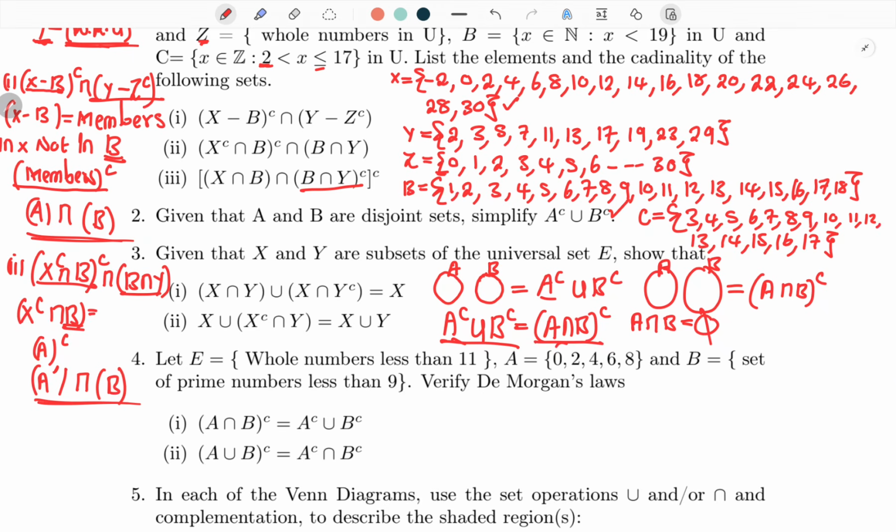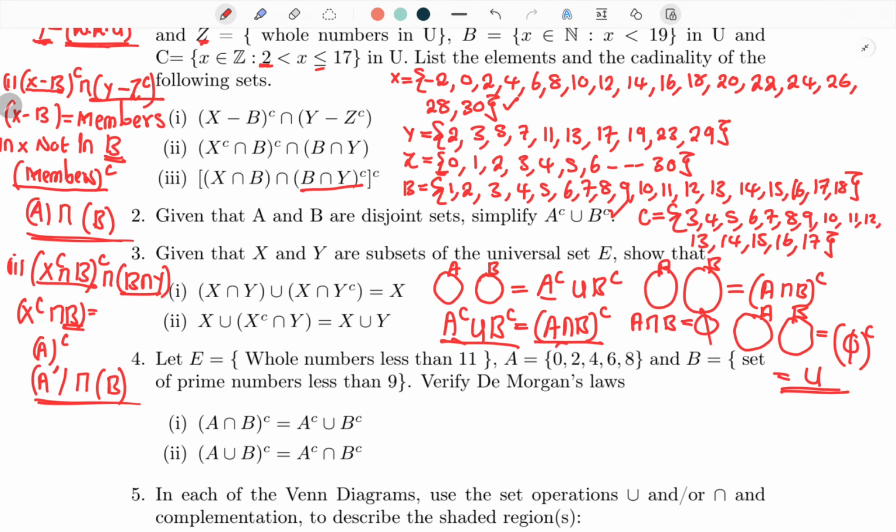So now because you have the empty set, this is the same as set A, set B is equal to, open bracket, the empty set complement. Now what is complement of the empty set? Complement of the empty set is simply the universal set.